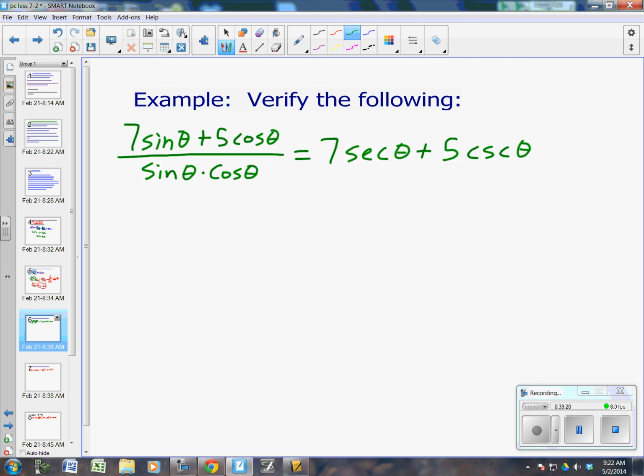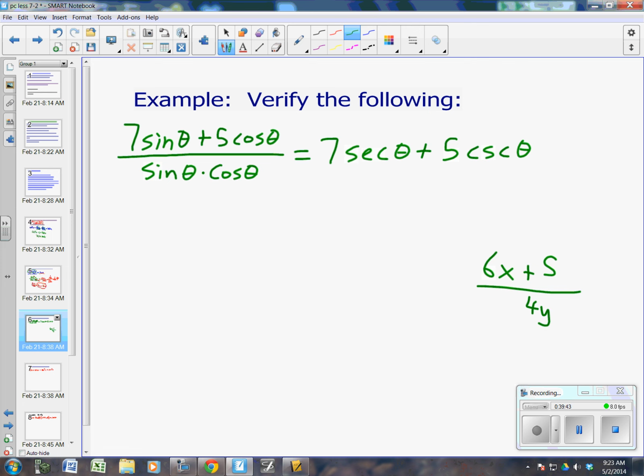Let me do something like this: 6x plus 5 on top, and on the bottom you had 4y.